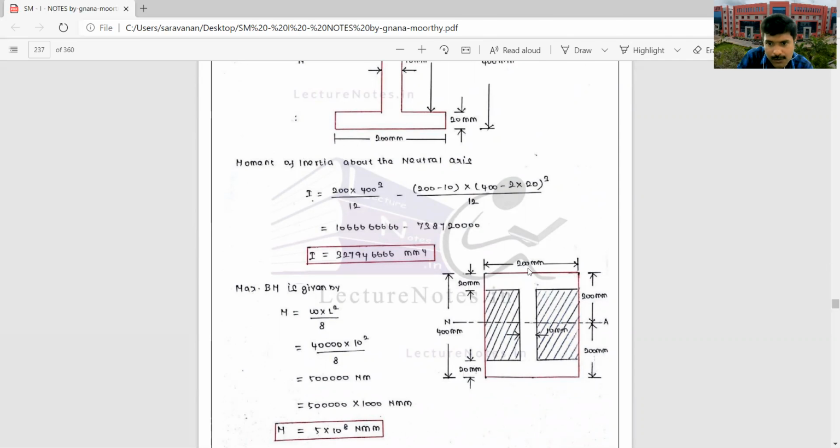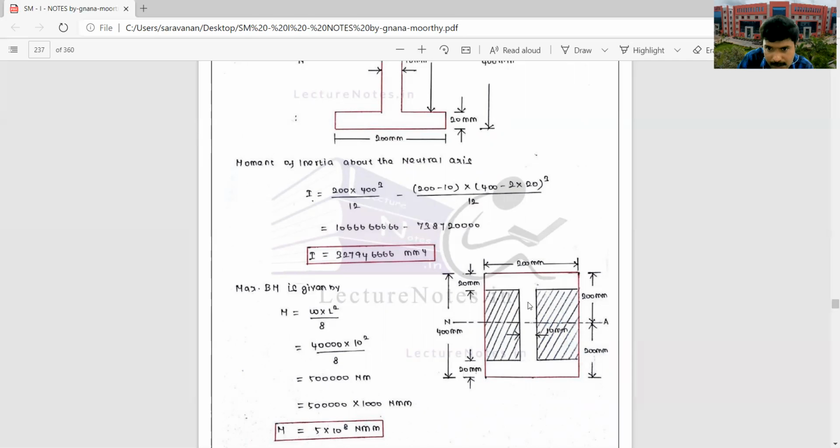The total width is 200 and the depth is 400. So 200 into 400 the whole cube by 12, minus this hatched portion. So this is the I section, and we have only this dimension. For the remaining section, this rectangular portion and this rectangular portion, we can deduct. So minus.